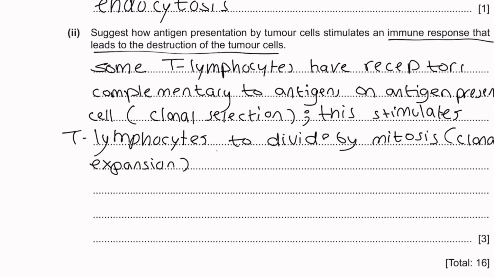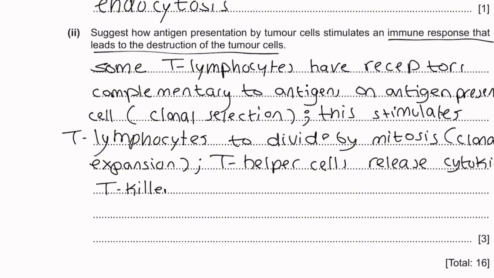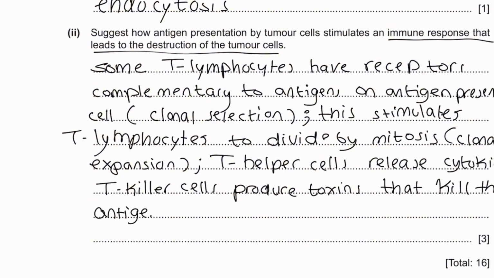This is followed by how the T helper cells release cytokines, and how the T killer cells produce toxins that kill the antigen presenting cell or the tumor cell.